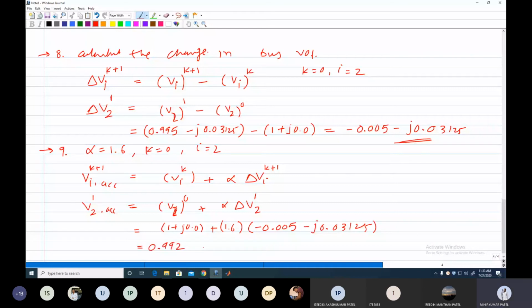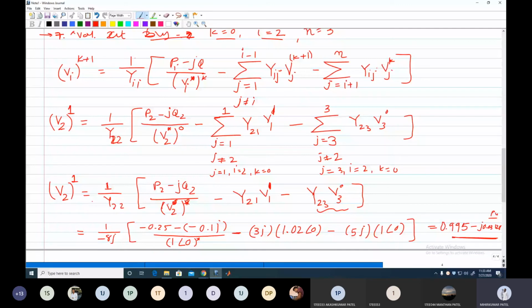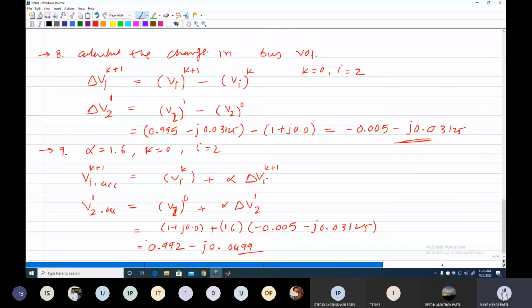So the final answer of step number 9 is 0.992 minus j0.0499. Previously in step number 7, it was 0.995 minus j0.03125. But after multiplying the acceleration factor alpha 1.6, we get the final answer.